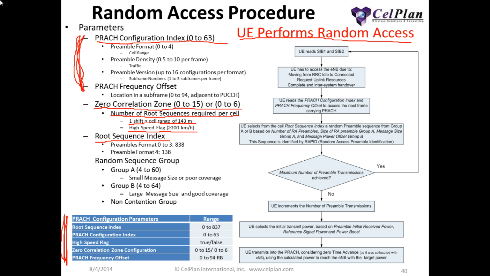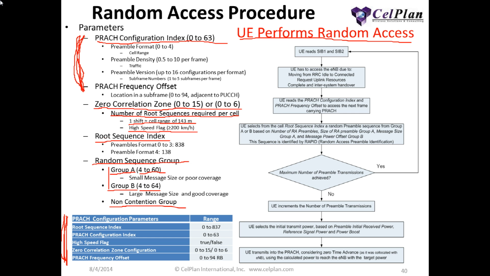Besides, not all the 64 orthogonal messages are available because the cell designer can divide those messages in 3 groups: Group A, Group B, that are contention groups, and 1 non-contention group. And here are the limits for each group.